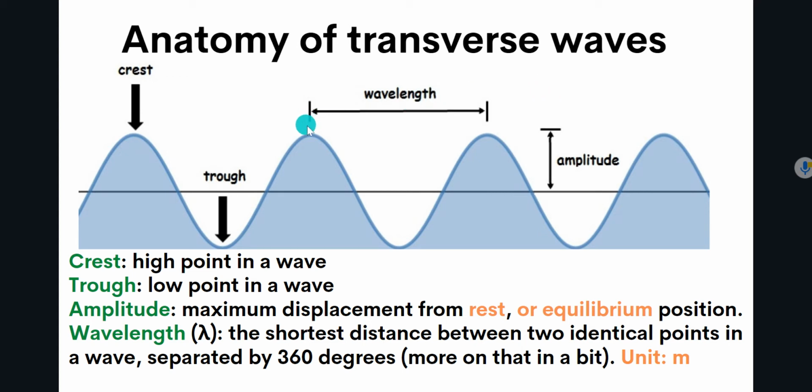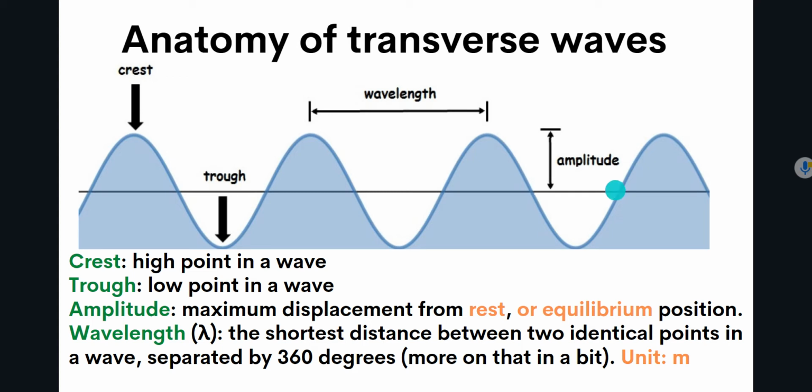But it's important for us to understand that you don't just have to measure wavelength from a peak to a peak or crest to a crest. You could also measure from a trough to the next identical position, which would be the trough of the next wave, right? So you can measure from there to there. You can measure from this position here to the next successive position, which would be there, the mirror position on the next wave, right?